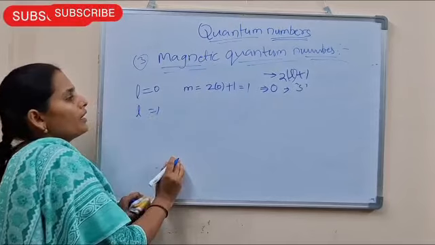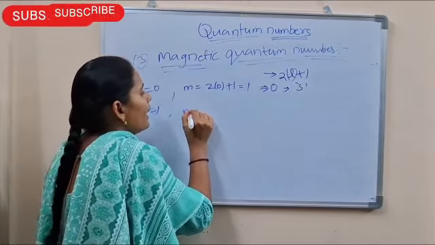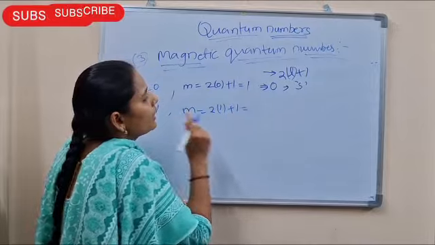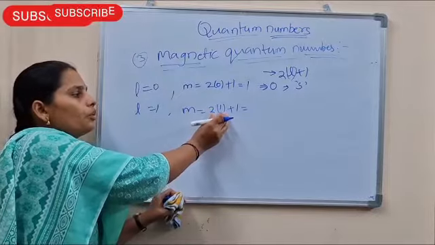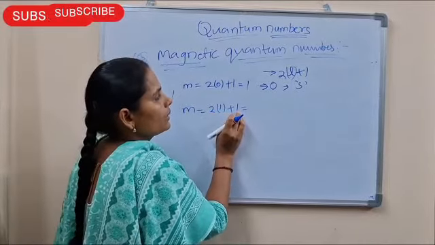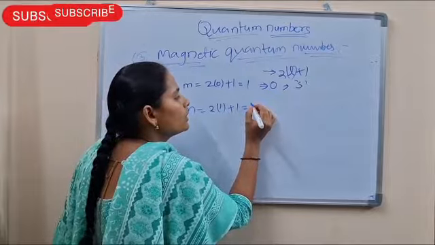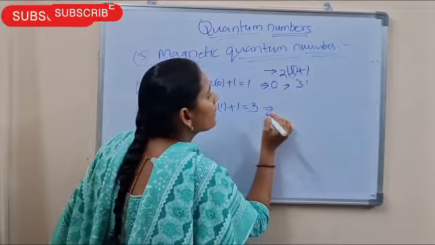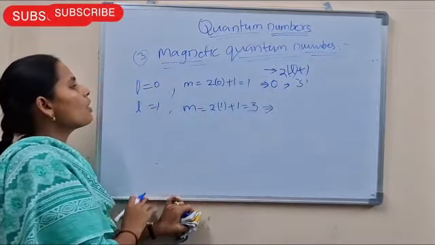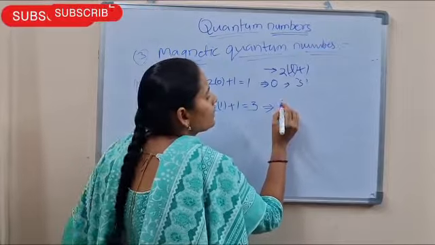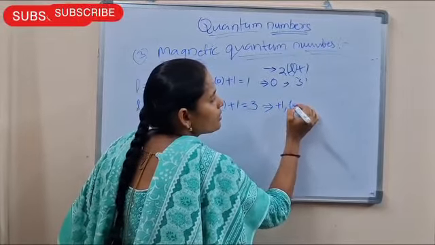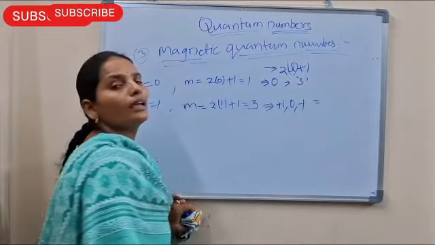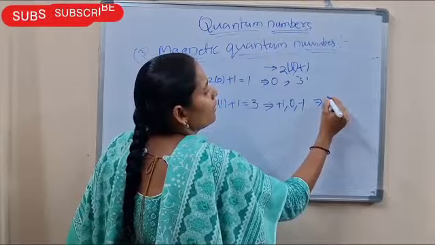If l equals 1, then m equals 2 into 1 plus 1, that is 3. Here the 3 values of m are plus 1, 0, minus 1, which is nothing but the p subshell.